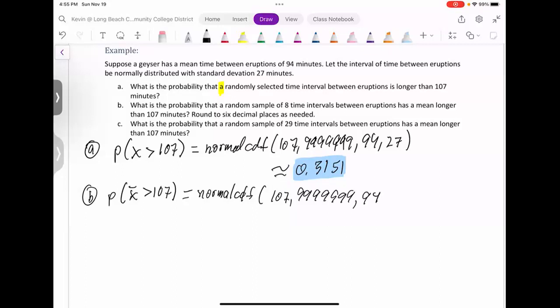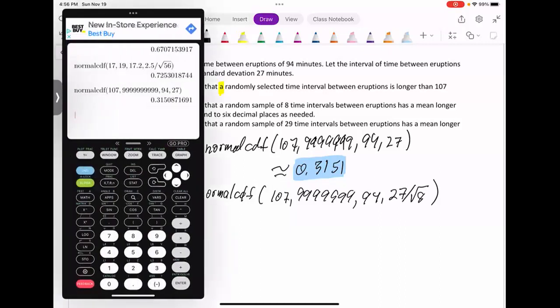The mean is 94, but now the standard deviation is 27 divided by the square root of 8. And this is going to change the answer. And you'll notice it's still 107 to infinity, but this is a dramatically different answer.